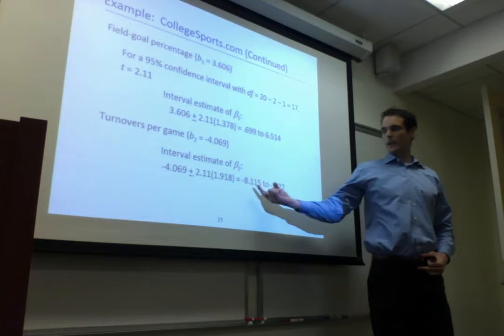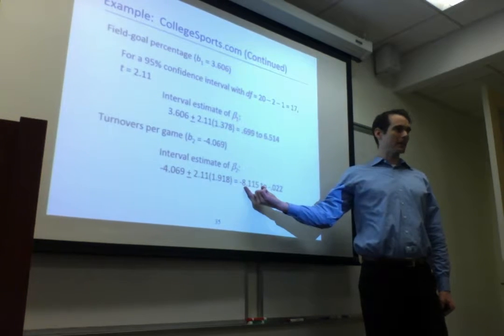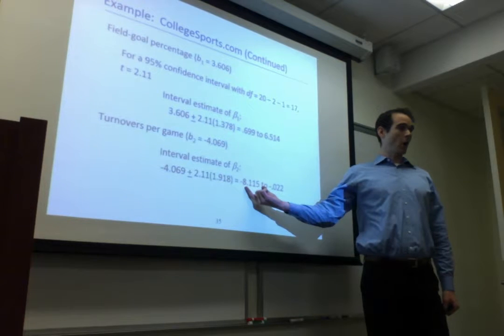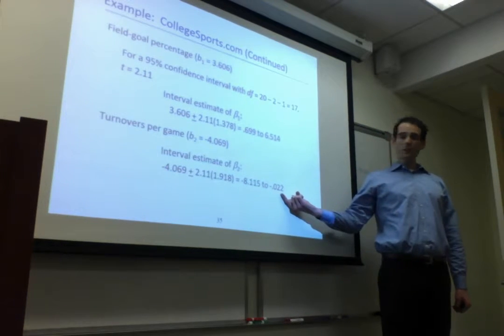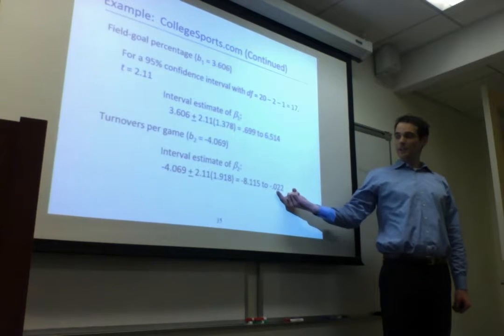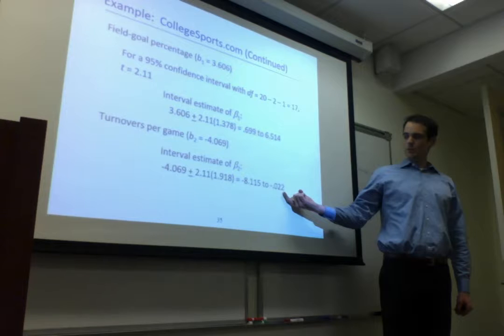Yes, yes. All right. It could have as significant of an 8% influence on our win-loss record. An additional 1 turnover per game could negatively impact our win-loss by as much as 8%. Or it could be that it only negatively impacts our win-loss percentage by 0.02.